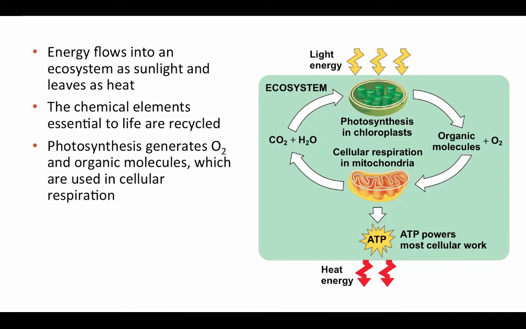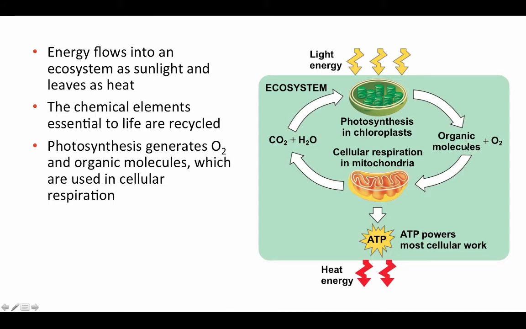So the process of photosynthesis generates molecular oxygen, actually as a byproduct, as we'll see when we get to photosynthesis, and also organic molecules. So it does what we call fixing the carbon from carbon dioxide. It takes that carbon and converts it into larger organic molecules. And these are the raw materials that are used in cellular respiration.